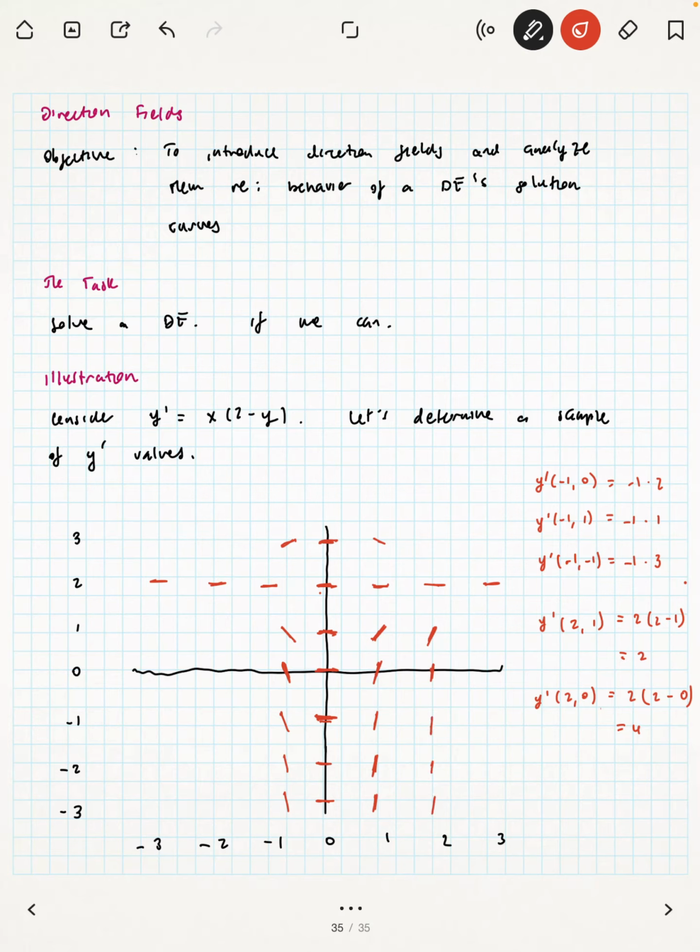So you'll notice that this does get steeper and steeper. Almost vertical. In fact, at some point, it's just going to be too hard to represent the slopes. And it just keeps getting more and more dramatic, right? So for instance, plugging in 3 comma 0, you get 3 times 2.